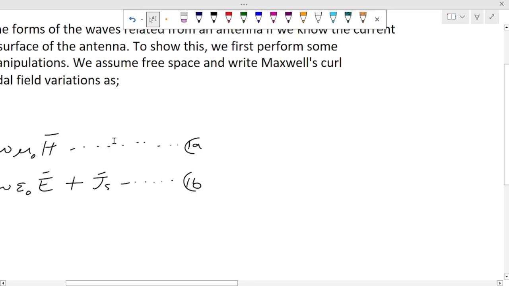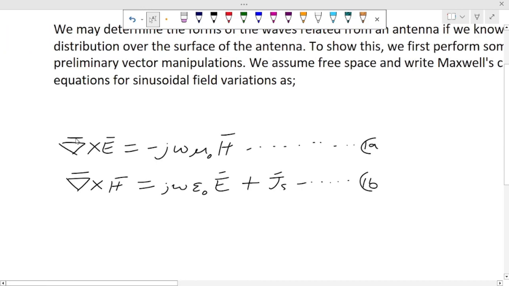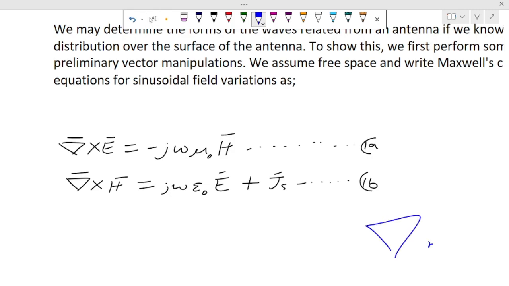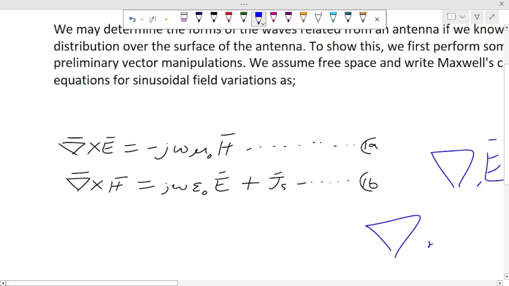I will drop a video on the four Maxwell's equations, which is already here from last semester. I'll just drop you a link to that video so that I don't repeat the whole thing. But these are the two curl equations. The other two are the divergence of electric flux density and of magnetic flux density.